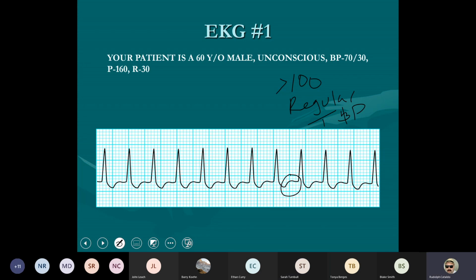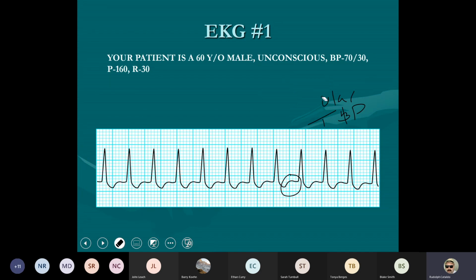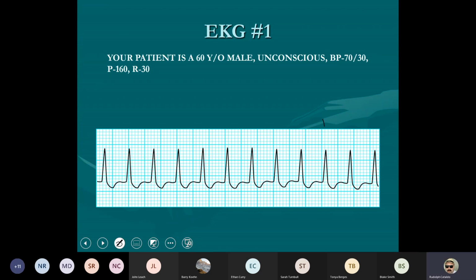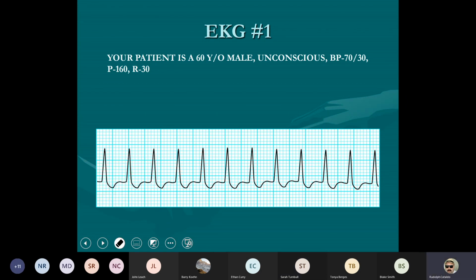Yep. So let's talk through the treatment of this rhythm, okay? And there's nothing wrong if you don't know the answer to it, because that tells me, hey, let's talk about it. Let's go through it. Let's talk about the treatment of this. Now, I'll pick on somebody else here. Now, Tanya, it's your turn.